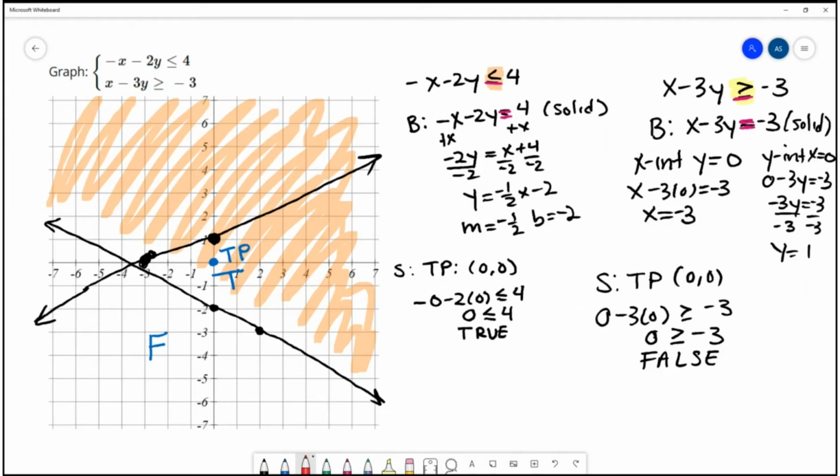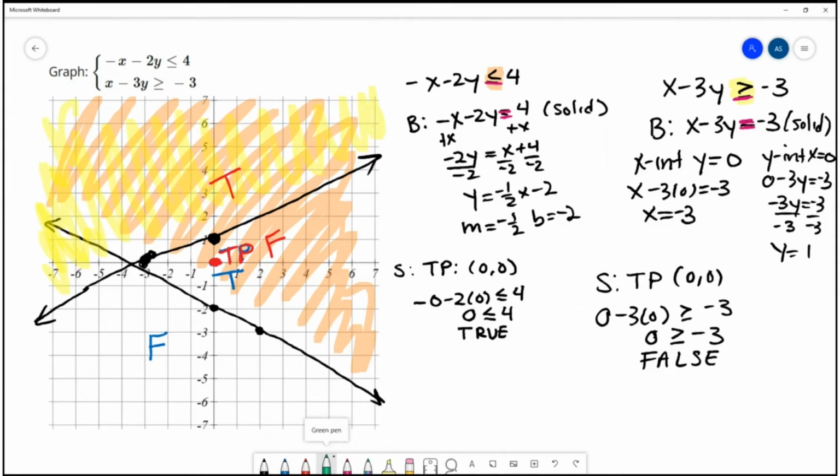So this time our test point is right here, and it came out false. The other side of that line will be true. And we want to shade the ordered pairs that are true, so we're going to shade on this side of the line. So then finally, we want to determine the solutions to the overall system.